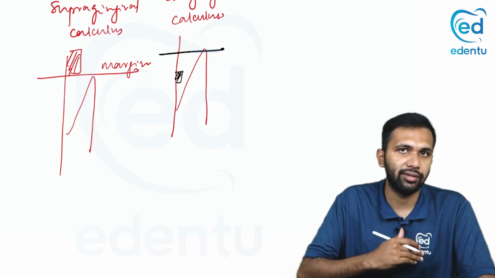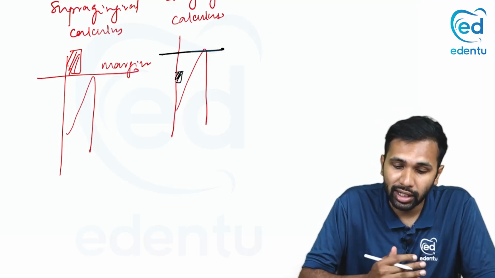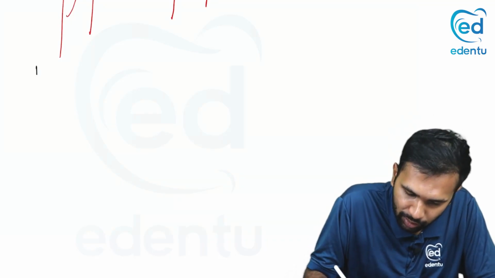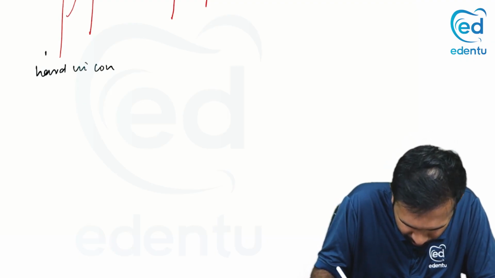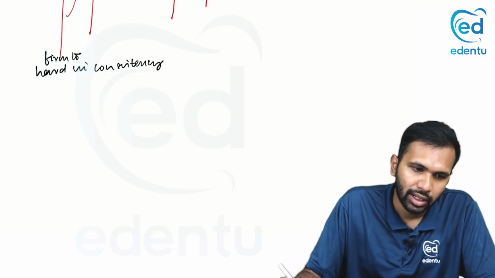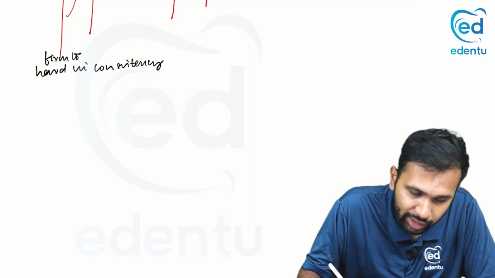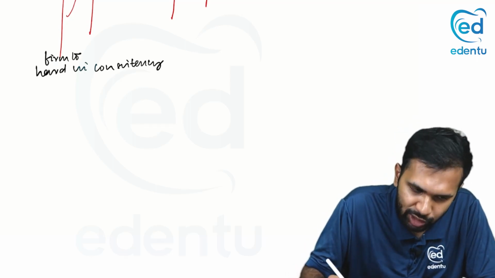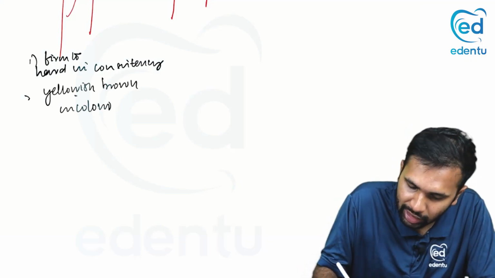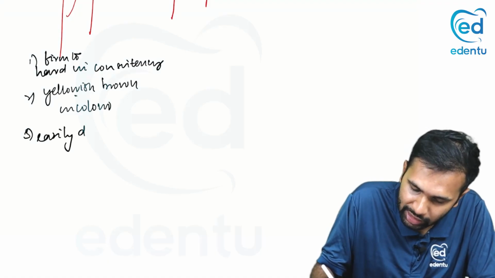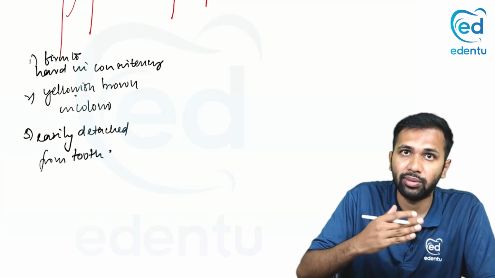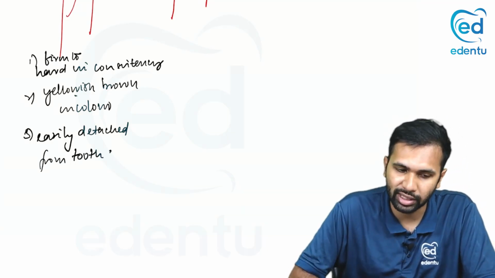What is more important is that you should know supragingival calculus is firm to hard in consistency, it is whitish to yellowish brown in color, and it can be easily detached or separated from the tooth surface. That is the feature of supragingival calculus.